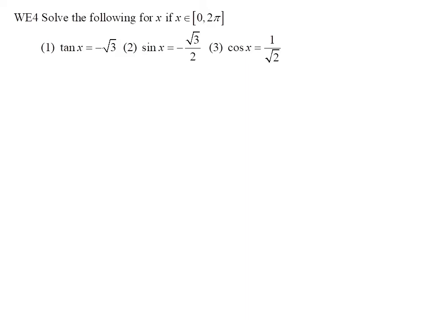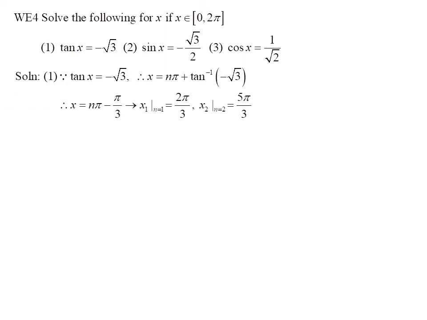As for the first equation, since tangent x equals -√3, then x equals n pi plus arctangent of -√3, which can be simplified to x equals n pi minus pi over 3, where n is an integer. This is the general solution for x, and based on that, we may take different values of n to find the corresponding x value.